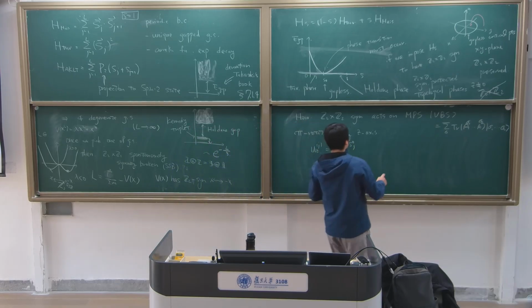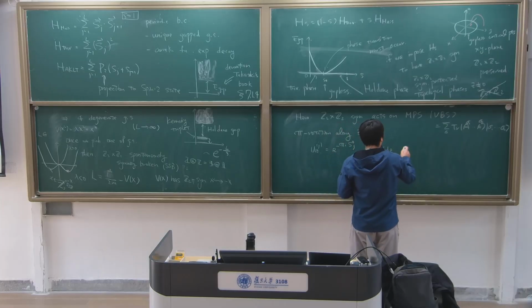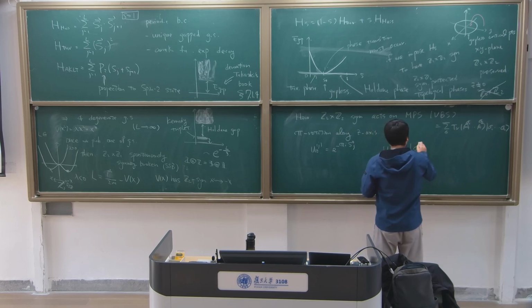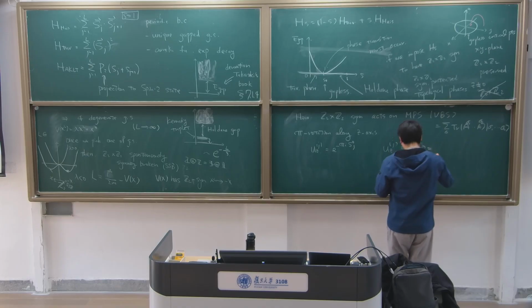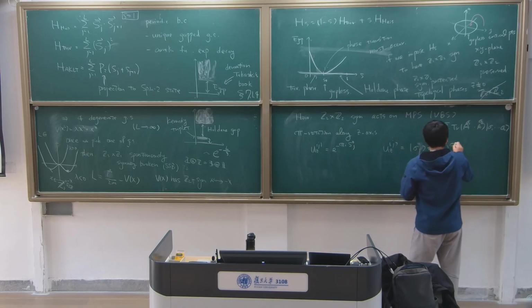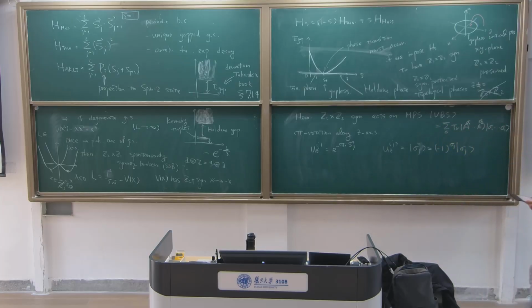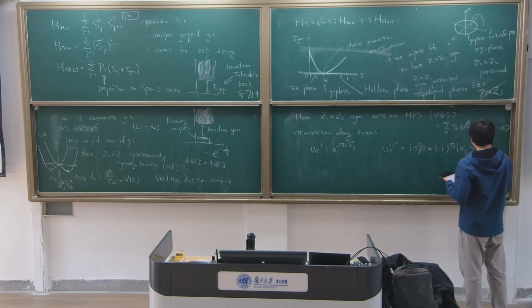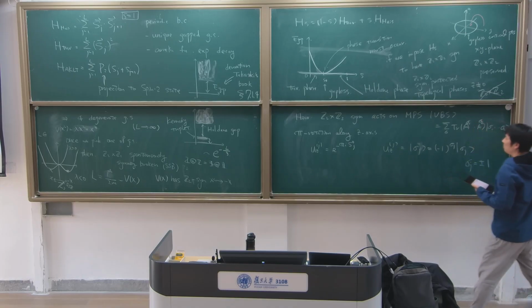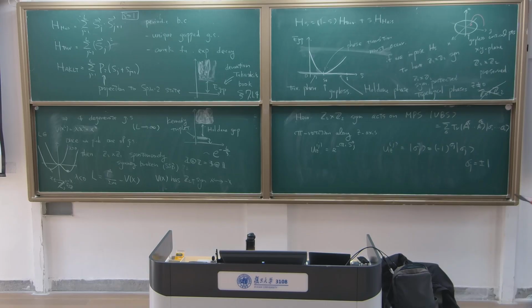Then this U_z of j acts on the sigma j state as follows: minus 1 to the sigma j, times the sigma j state. Because sigma j is plus or minus 1 and 0.